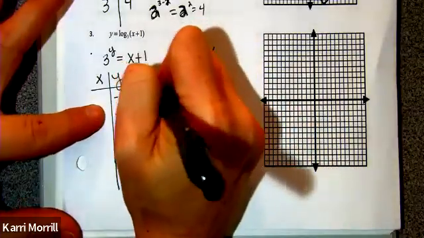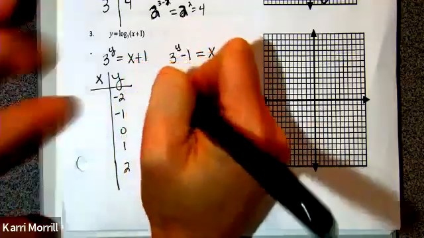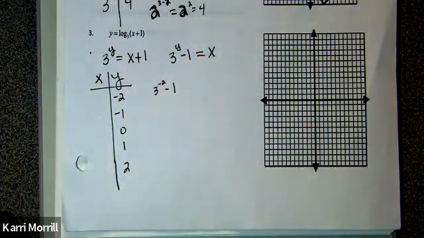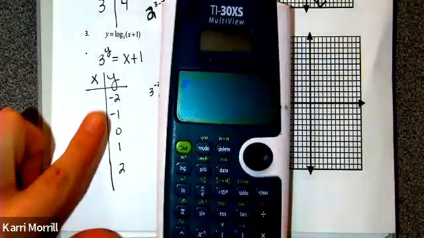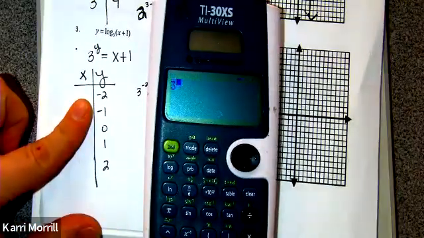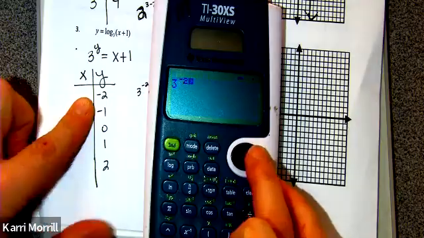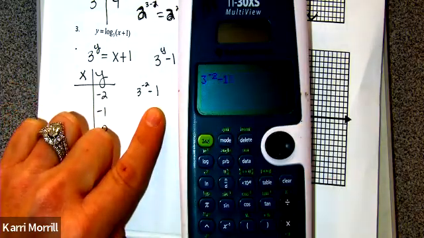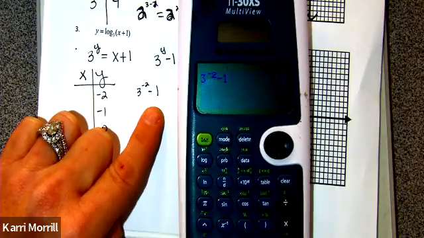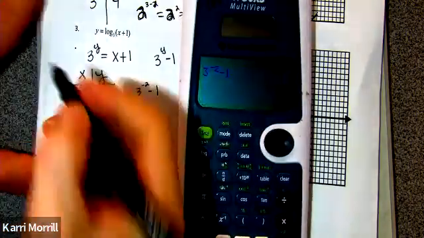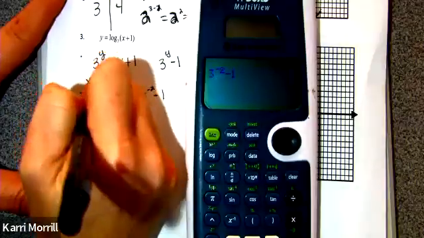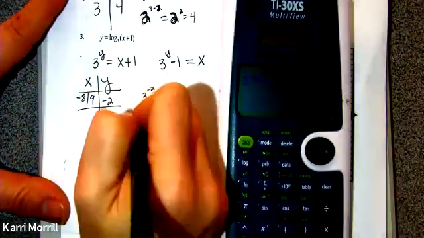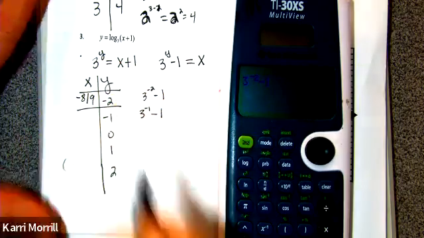So if I take 3 to the -2 minus 1, remember that would be like saying 1/9 minus 1, or just plug it into your calculator, 3 to the -2 power, and then arrow over because you're subtracting that. Subtracting 1 from that, so it'd be a -8/9. And then 3 to the -1 minus 1.